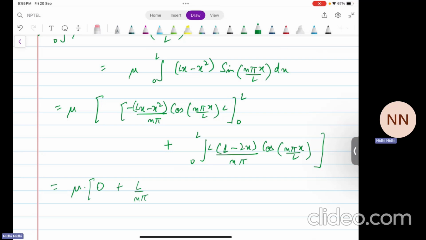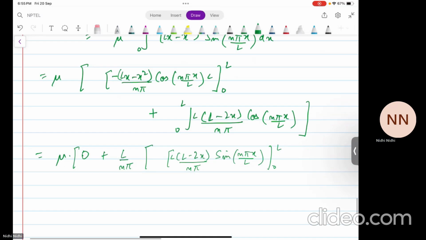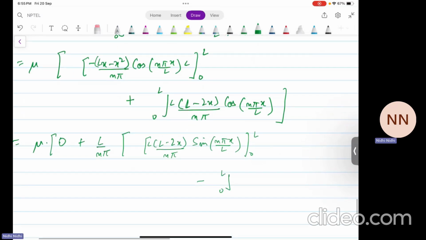Now again using integration by parts, L minus 2x as it is. Integration of cos is sine n pi x by L by n pi by L, 0 to L, minus integration 0 to L derivative of the first term, which gives us minus 2.